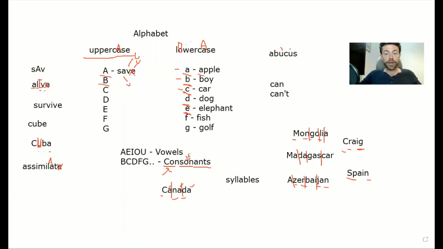But if we look down here in consonants, we have it. Madagascar, no, but Mongolia or Azerbaijan.